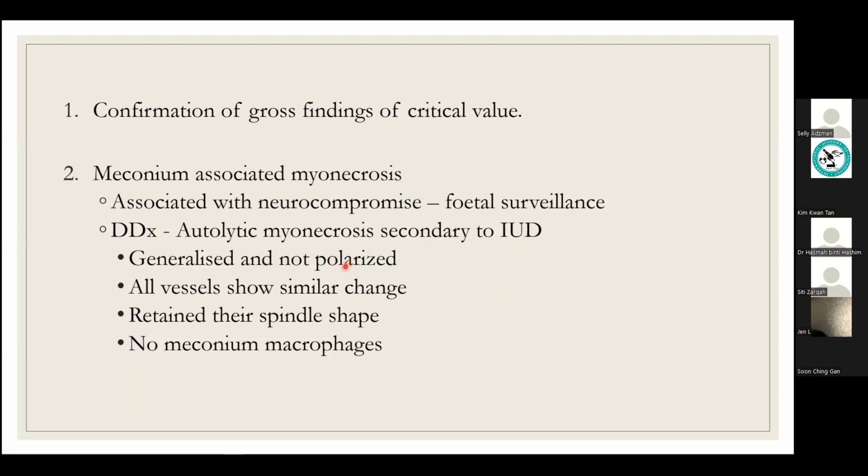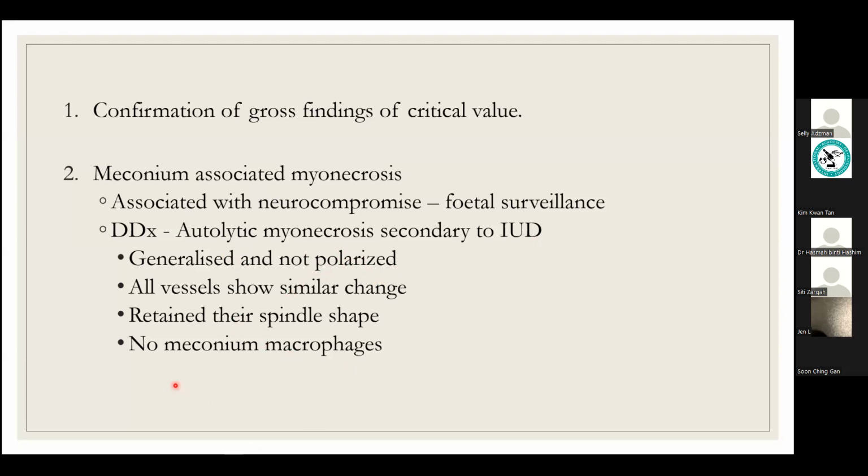Polarized means that the part near the periphery of the cord, exposed to the meconium, will have those changes. Whereas in IUD, the whole muscle, circumferentially, will be affected. I will show it with the picture later.